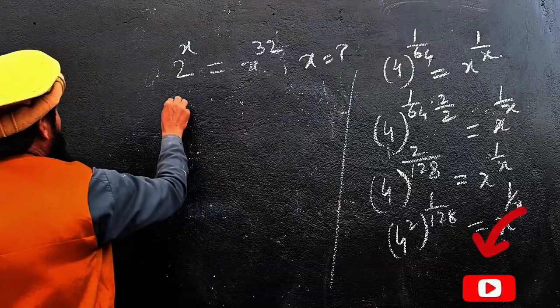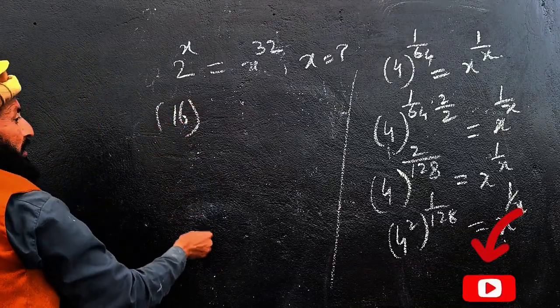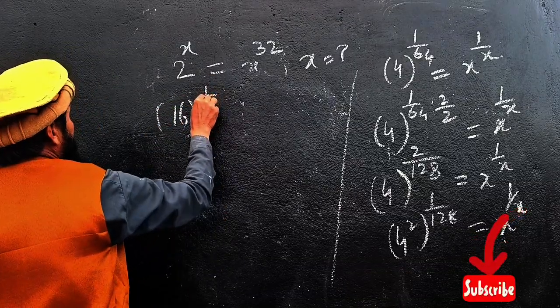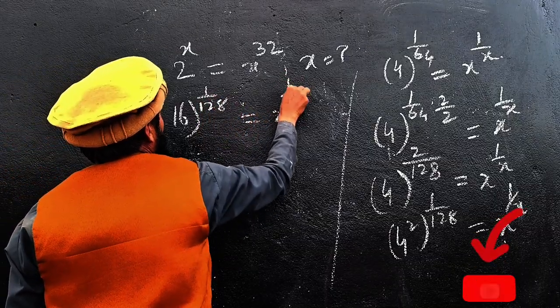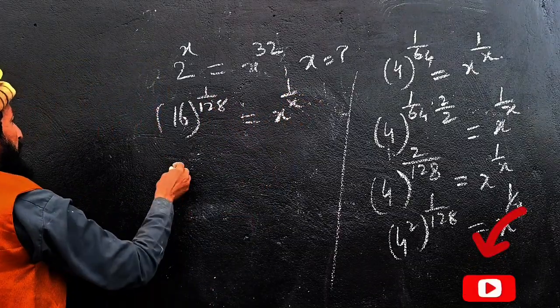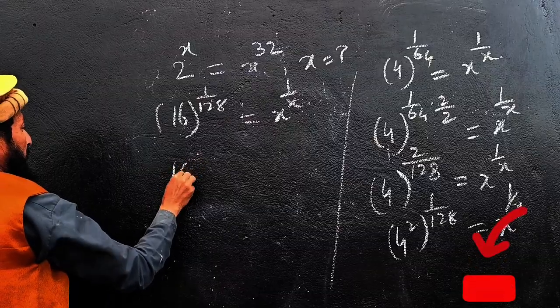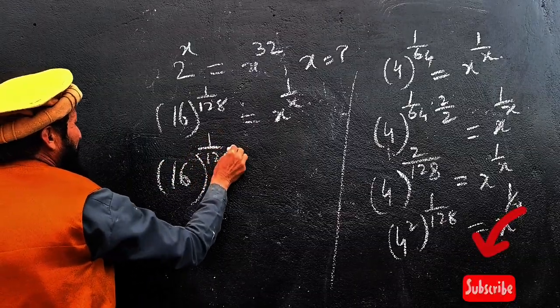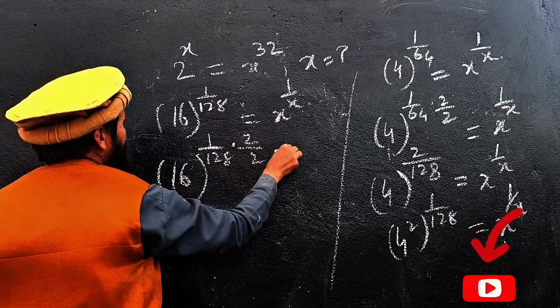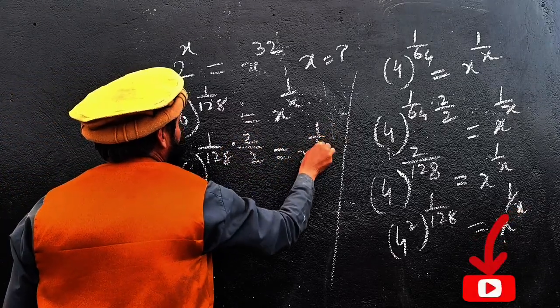So we get 16, and 1/128 is equal to x^(1/x). Again we take the power of square and divide by 2 on 128, so 2 divided by 2 is equal to x^(1/x).